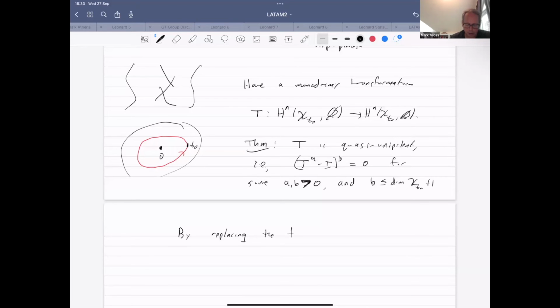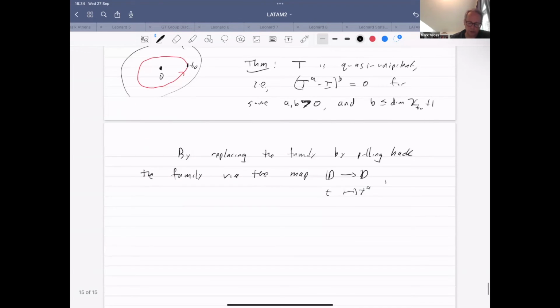And so by replacing the family by pulling back the family via the map D goes to D, t goes to t to the A, we can in fact assume A is 1, i.e. T is unipotent.